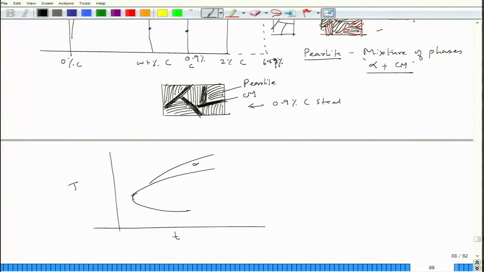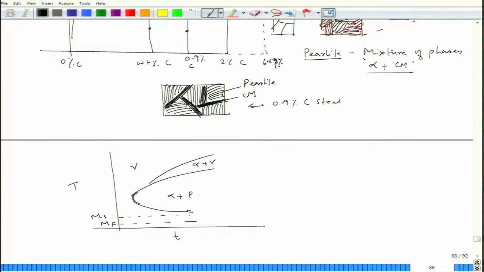This is my alpha plus gamma, this is gamma, and this region is nothing but alpha plus pearlite. So, this is a typical TTT diagram for hypoeutectoid steel, where this is my MS temperature and this is my MF temperature, meaning martensite start and martensite finish.